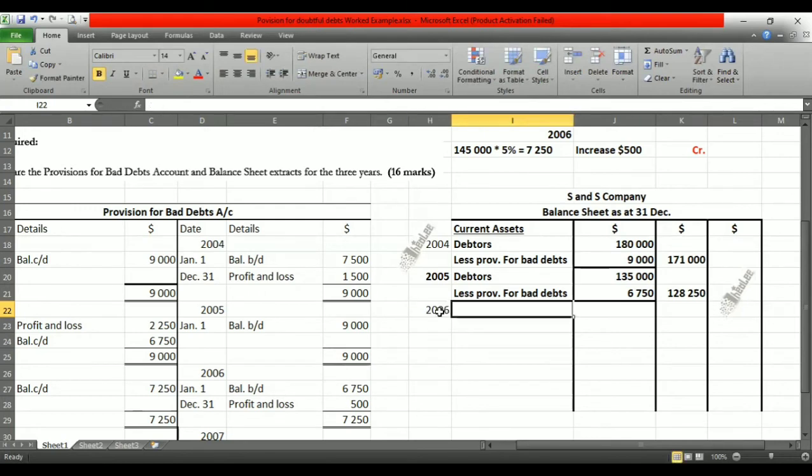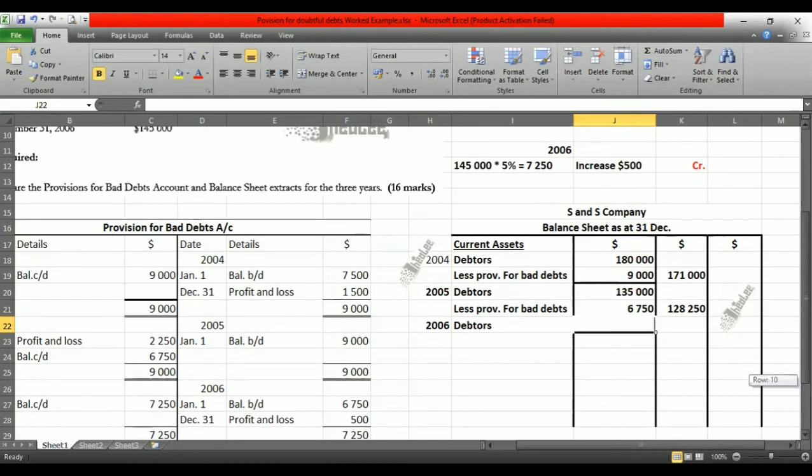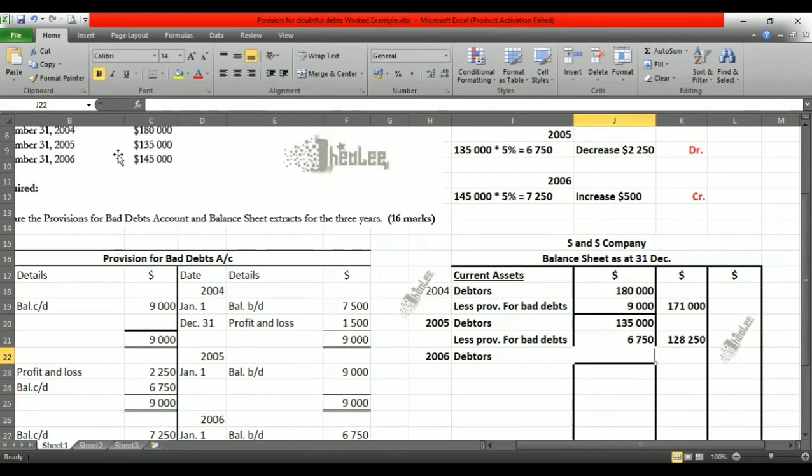For 2006, again, we're going to pick up our debtors value. So we need to go to the question to pick up that, and we're seeing that for 2006, our debtors value is $145,000.